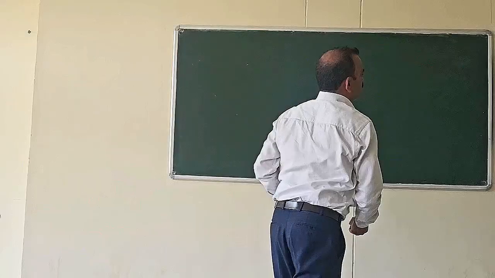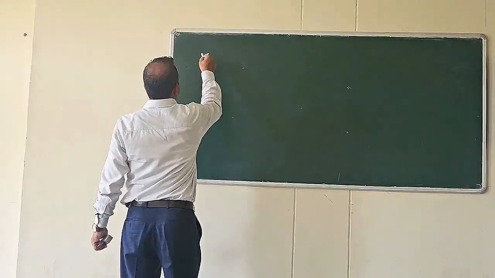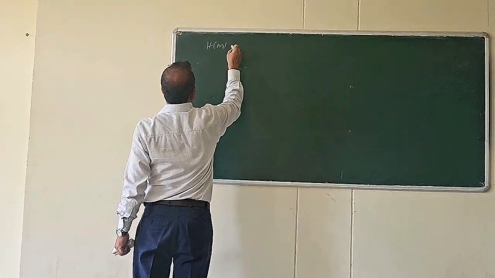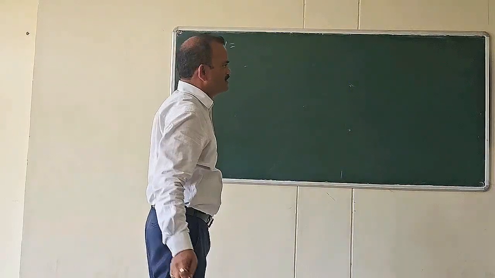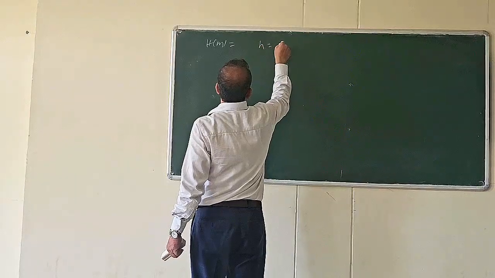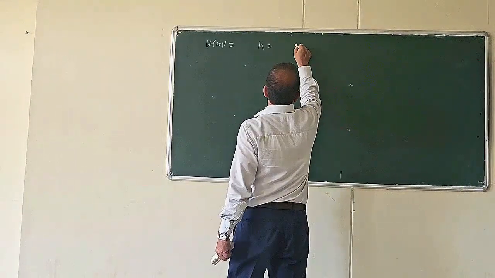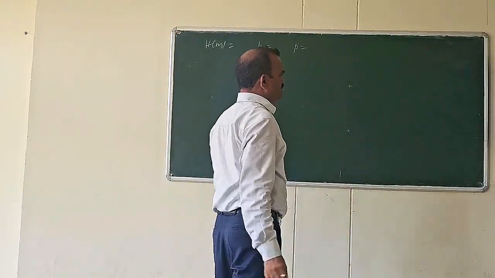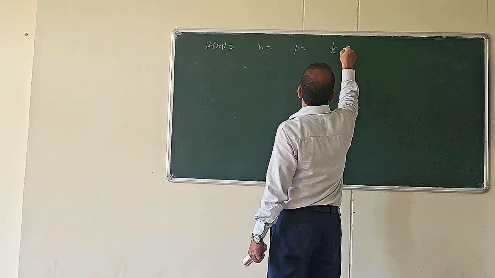Right? So we will take a numerical example. We consider the hash message is something and h equal to something and the prime number p equal to something and the integer k equal to something, right?